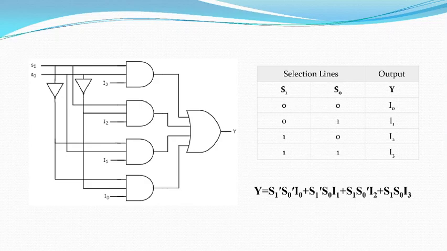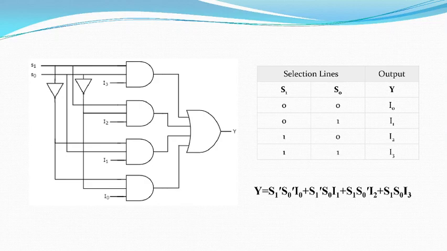Case number 3. When the selection lines S1, S0 are 1, 0, then input line I2 will be generated at the output. In this scenario, the multiplexer will allow only I2 to pass through it and other inputs will be blocked. Case number 4.